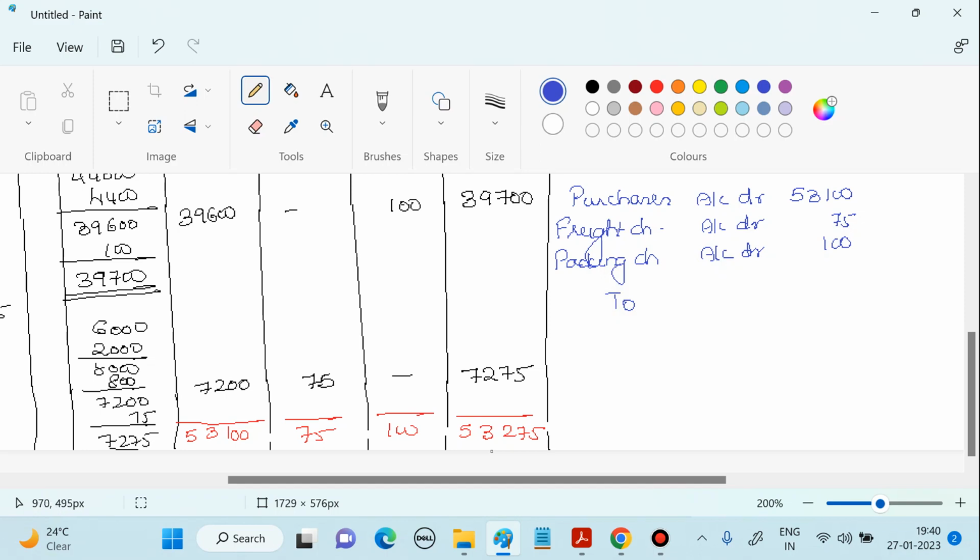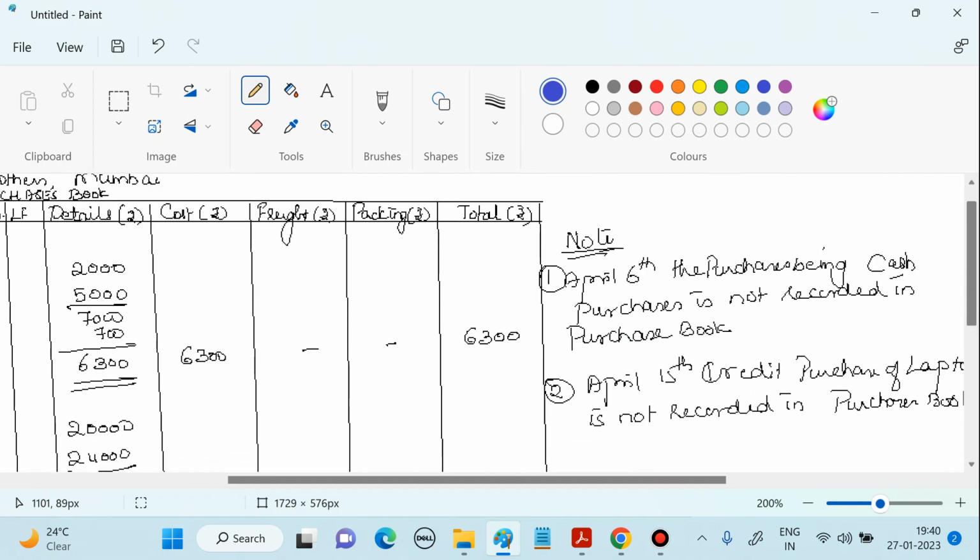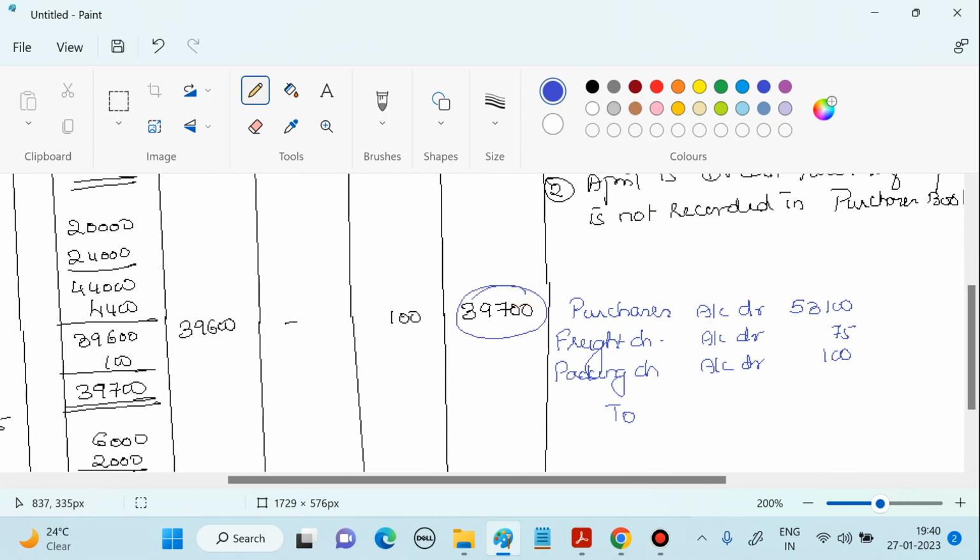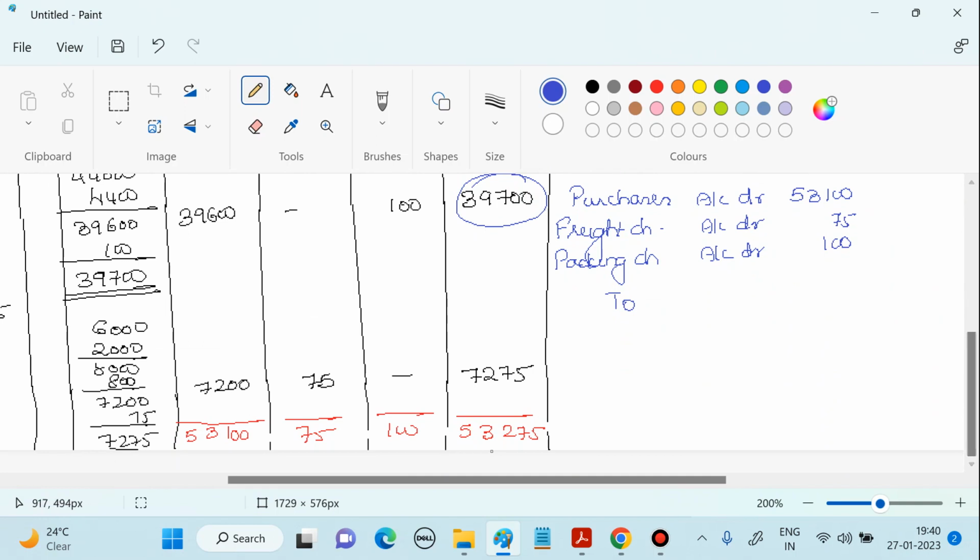And the items to be credited are these total amounts that you have: 6,300 to the first supplier, 39,700 to second, and 7,275 to the third. So first one was Joshi Brothers. It was 6,300. The second party was Rajesh Electric Store, 39,700.